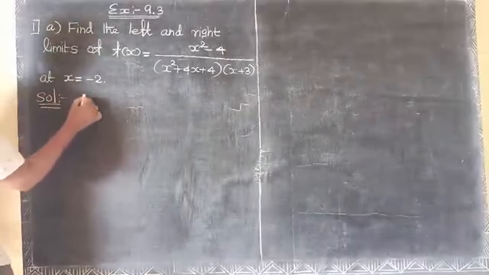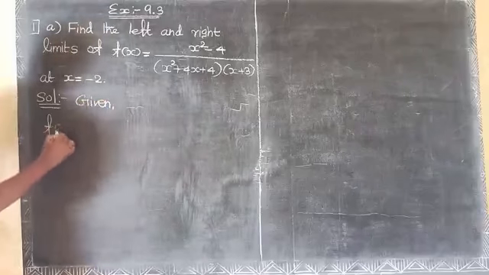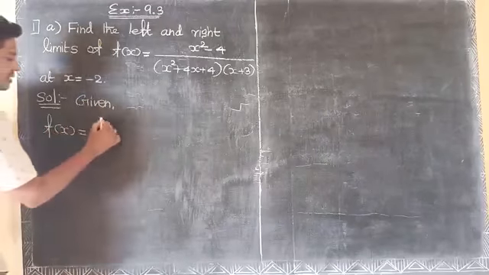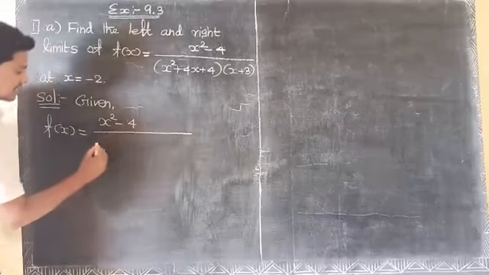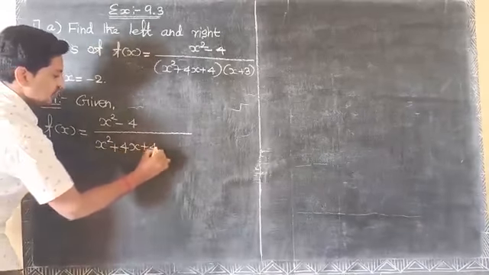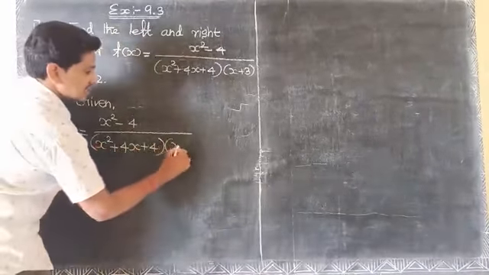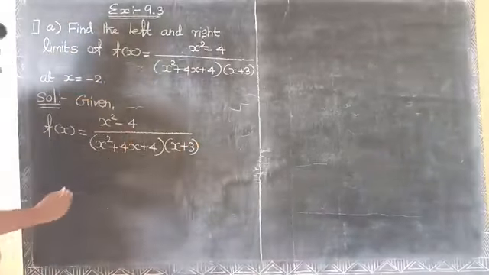Given the function f of x equal to (x squared minus 4) divided by (x squared plus 4x plus 4) into (x plus 3). We can simplify it.